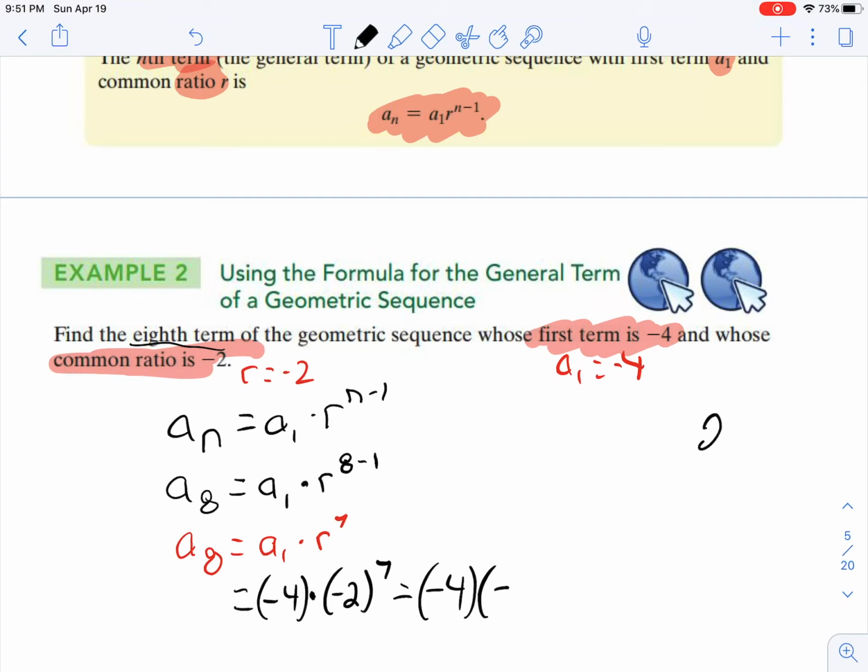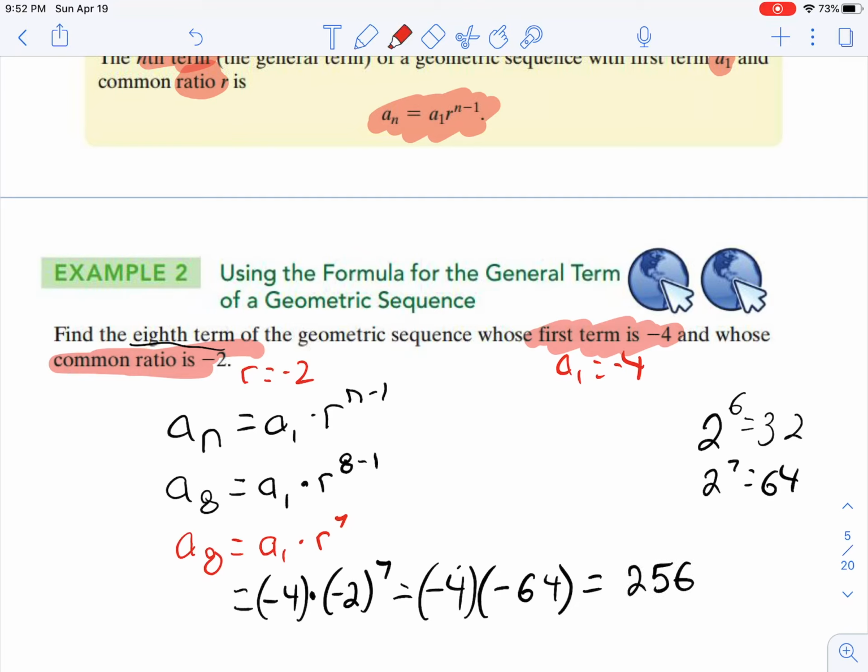Well, I know 2 to the power of 6 is 32, so 2 to the power of 7 has to be 64. Then 4 times 4 is 16, and 4 times 6 is 24, so I get 256.